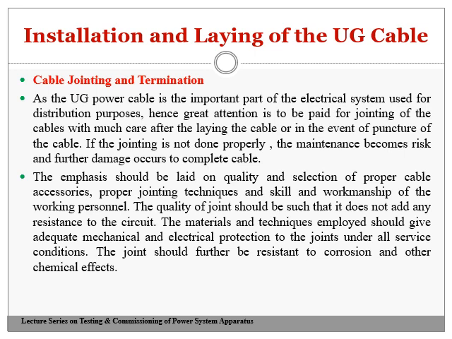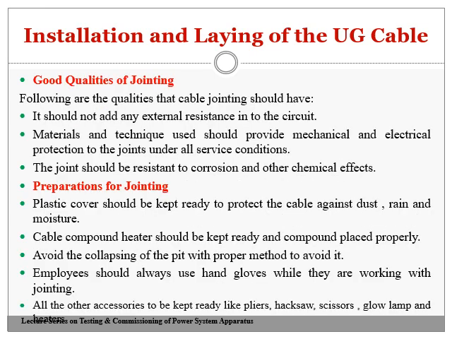The joint should further be resistant to corrosion. That is, whenever you provide the jointing, it should not corrode in the place where you have installed it, and it should resist chemical effects.